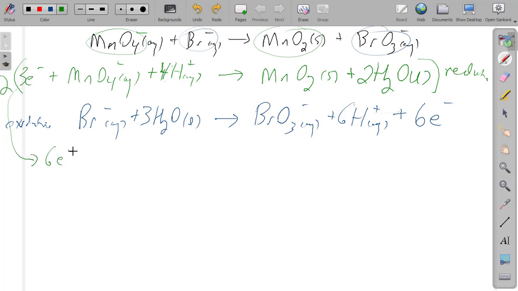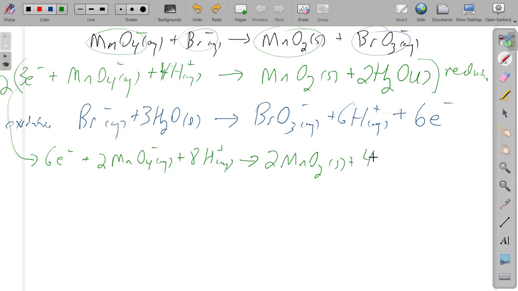That gives me 6 electrons plus 2 permanganates plus 8 hydrogens, and that yields 2 MnO2 plus 4 H2O. All right, so hopefully if I've done that right, that comes out to be that.